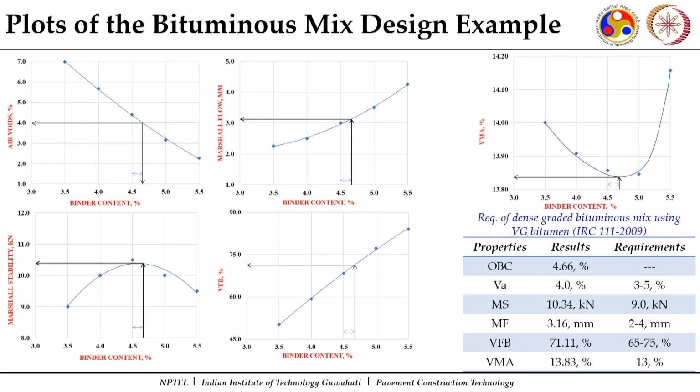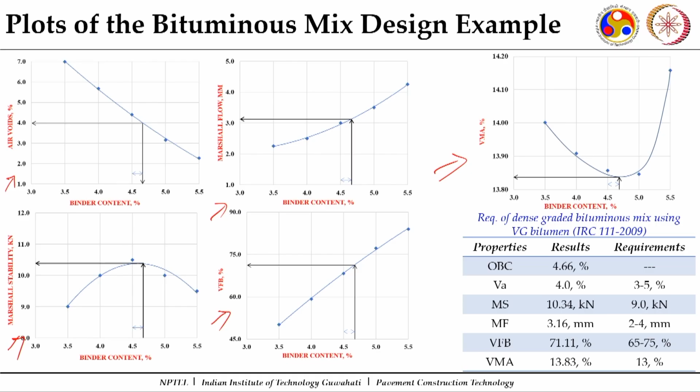So a plot is drawn using those values. Some of the plots are shown here. This is the plot of the air void content, Marshall stability, VFB and the Marshall flow. The VMA plot is there. In addition to this, you will have the density plot also, because you need to know what density will be achieved at optimum binder content.